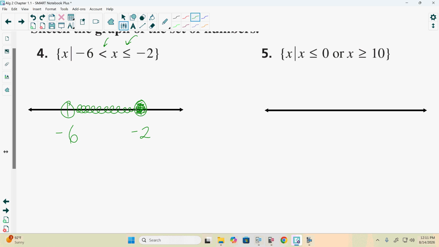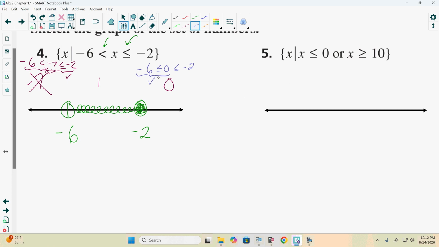Because we can still do testing points like -7, 0, 1. Is -6 less than -7 less than or equal to -2? Well, this half is true. Unfortunately, this half is not. -6 is not less than -7, so it doesn't work. We can throw that point out. Same thing is true with 0. -6 is less than or equal to 0 is less than or equal to -2.